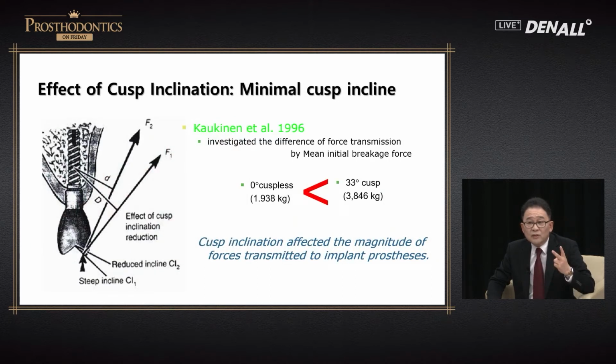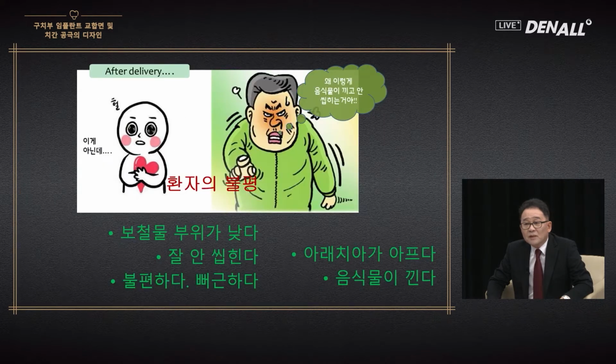The second thing, which is well known, is to avoid the adverse effects, the cusp inclination should be minimized. Patients complain like this: discomfort, not feeling right, which is related to the passive fit, and food impaction, that's a frequent complaint.